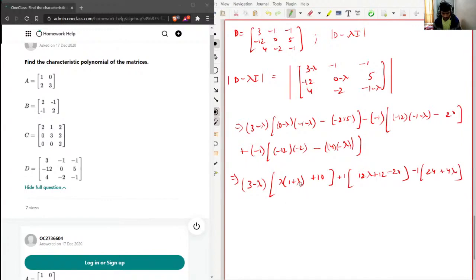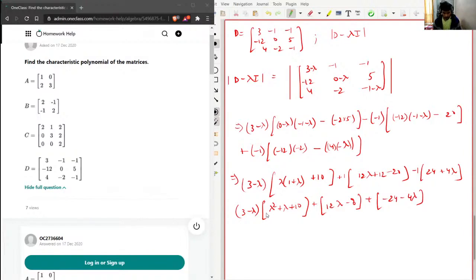Now what I will do, this will be lambda plus lambda square plus 10, so this is 3 minus lambda times lambda square plus lambda plus 10, and this will be plus 12 lambda, this will be negative 8, and this minus sign I'll just multiply, this will be minus 24 minus 4 lambda.